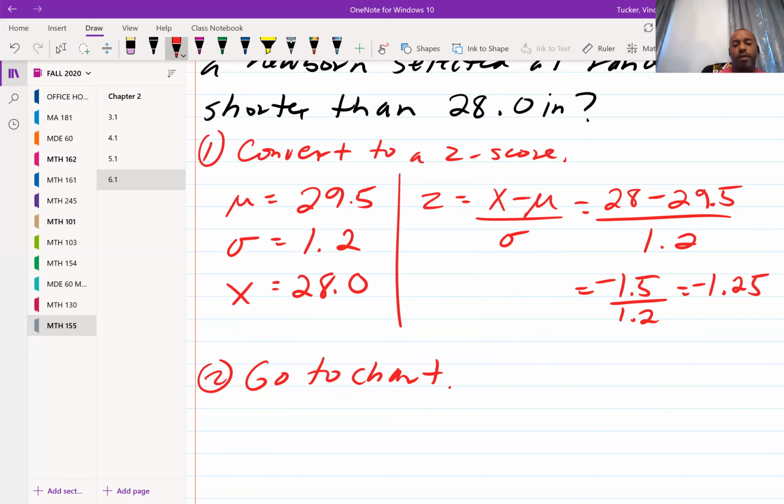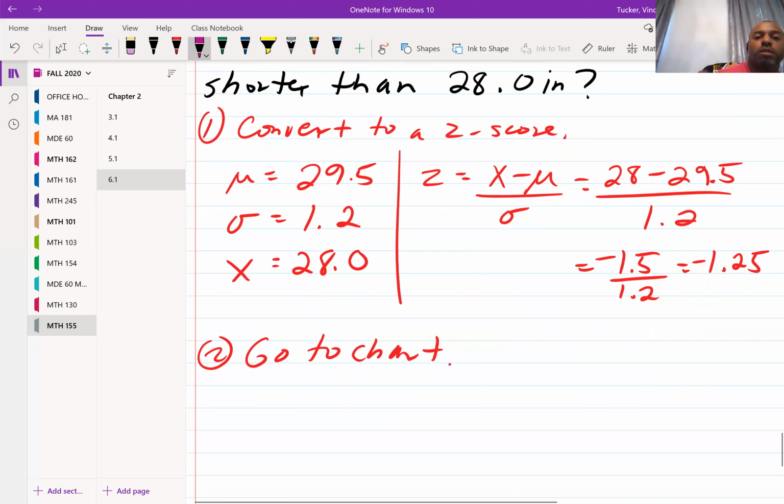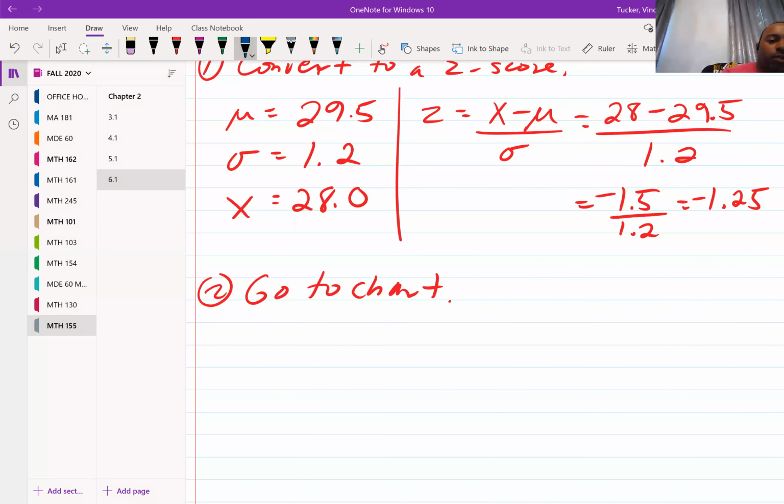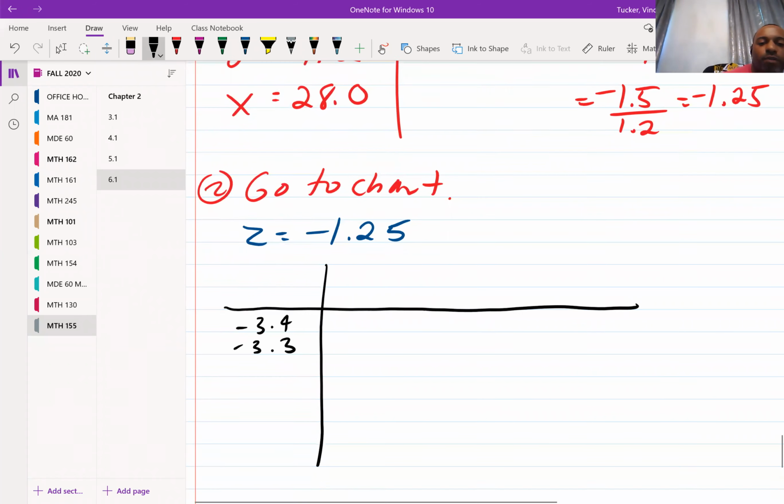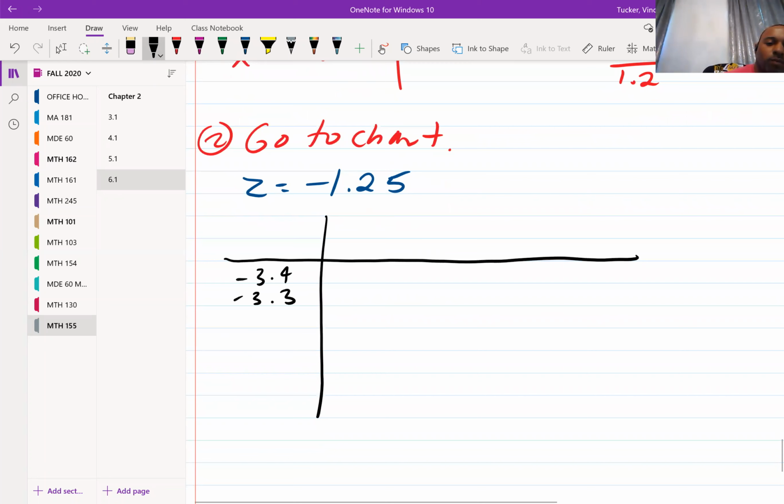Now I'm going to show you what the chart looks like, but I'm going to explain the chart first before we go to the actual chart. We have our z-score, negative 1.25. The way the chart is set up, it starts with negative 3.4, goes down to negative 3.3, all the way to 3.3, 3.4.